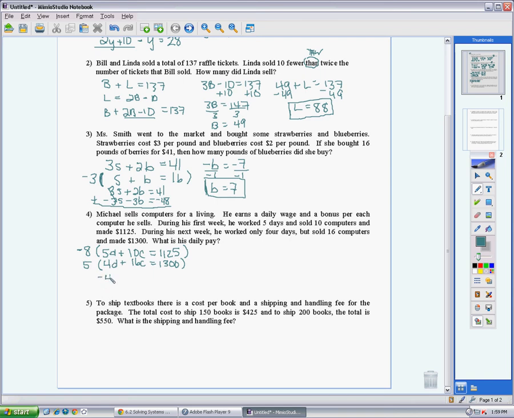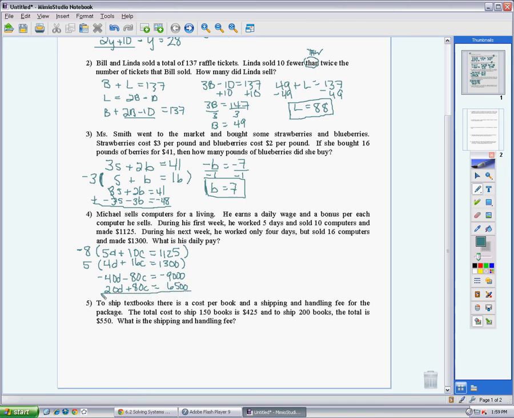I'm going to get -40D minus 80C equals -9,000. And then I'm going to distribute the bottom. I get 20D plus 80C equals 6,500.